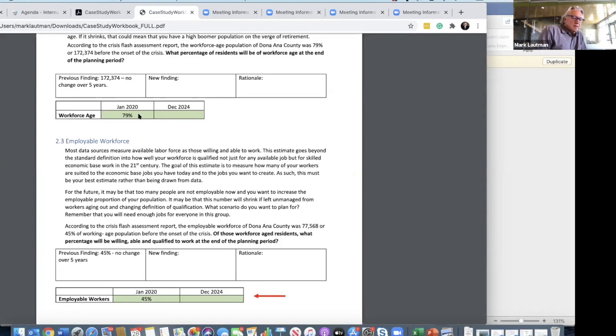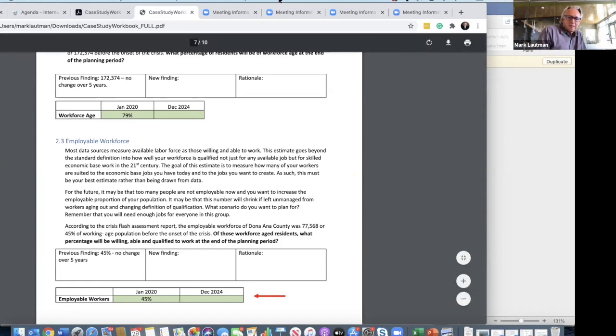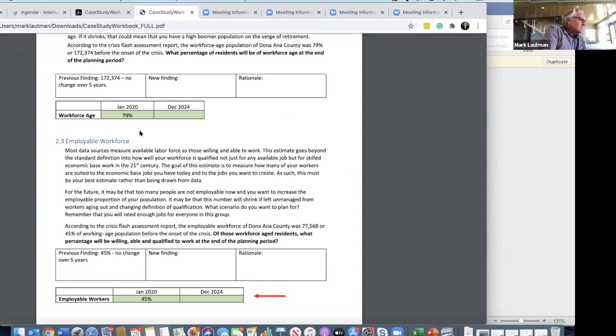So I think the percentage goes down if you're talking countywide, based on the numbers that you've given us, Nathan, and the fact that the county has more agricultural production. I don't know if you're counting those as in the workforce or not, but agricultural producers are not holding down jobs so much.